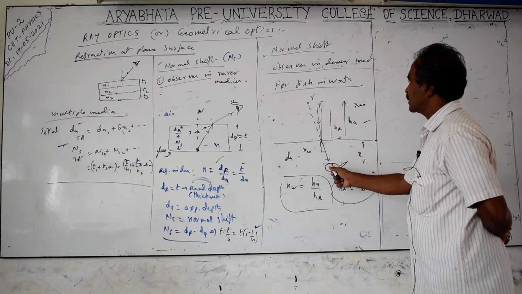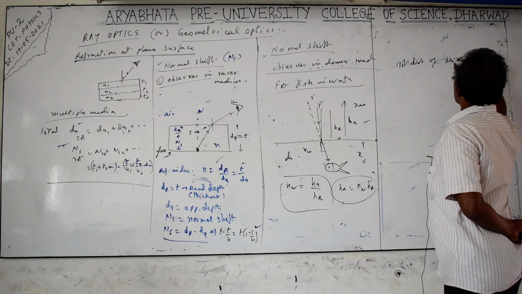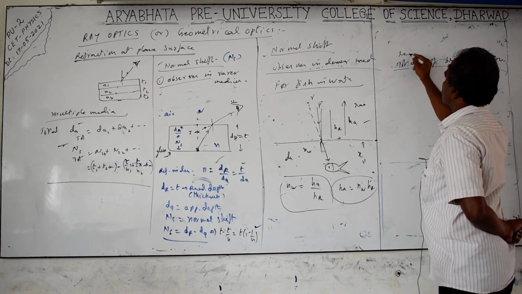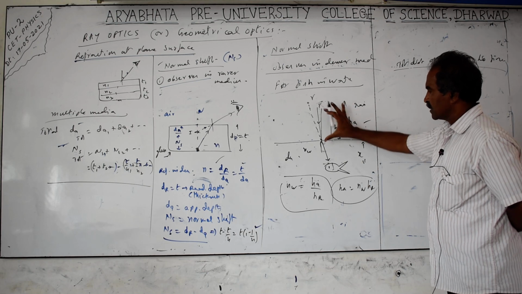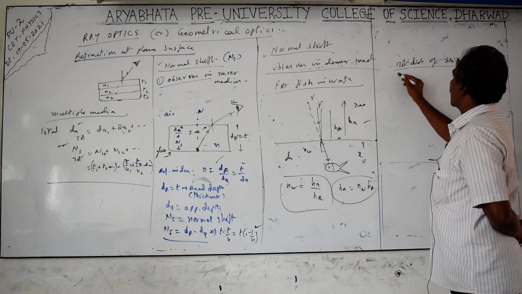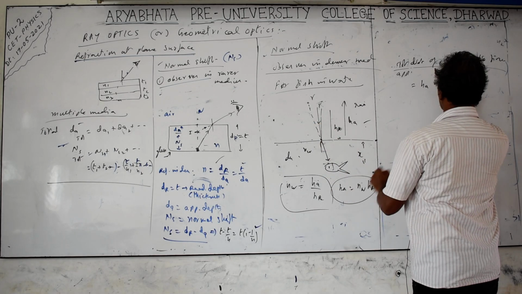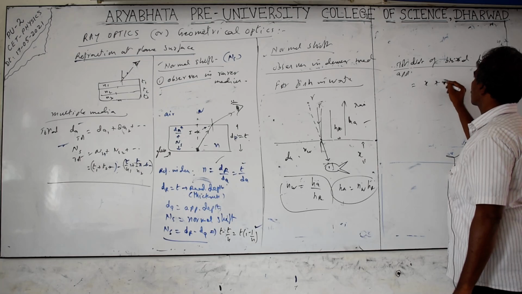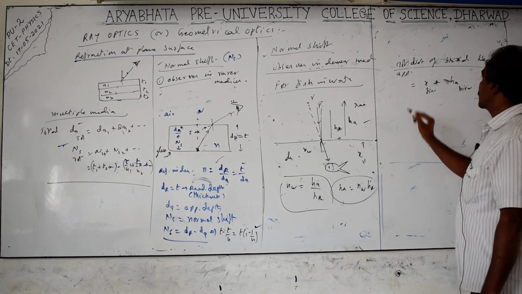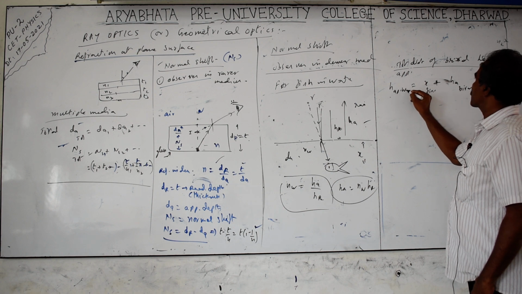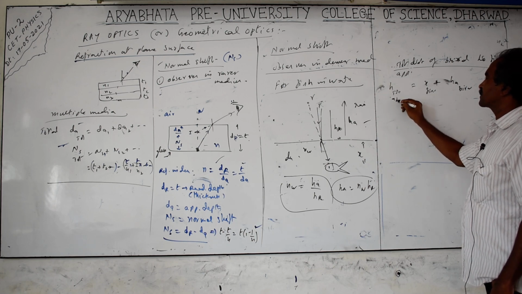And the total distance from the bird to the fish: the real distance is h real plus x. But what the fish sees is the apparent one, so the total is x plus the apparent height. This is the bird visible, and this is the fish's distance from the surface. So this is the total apparent height of the bird to the fish.